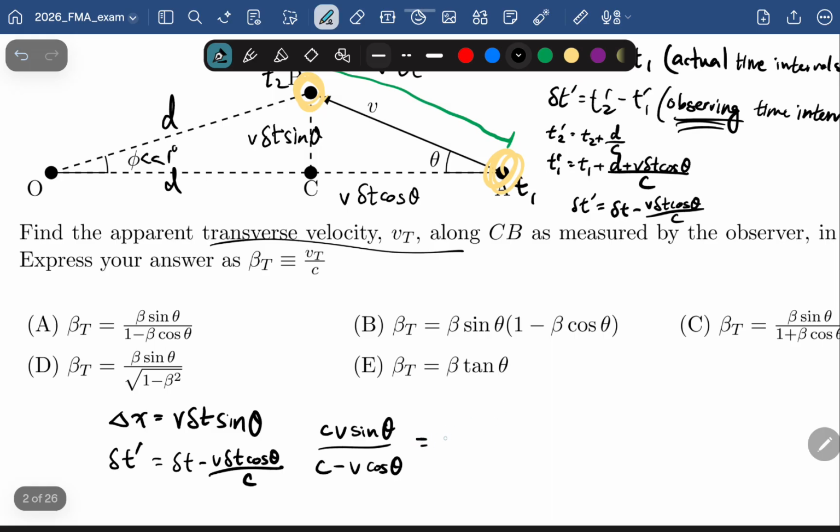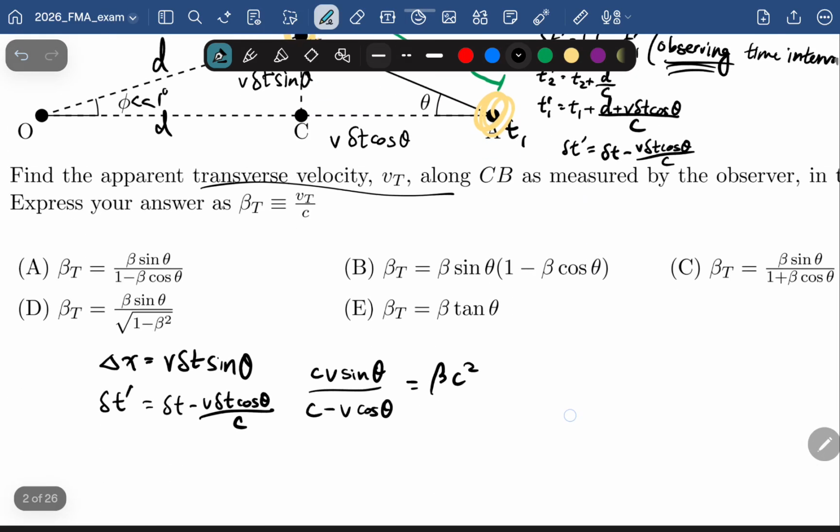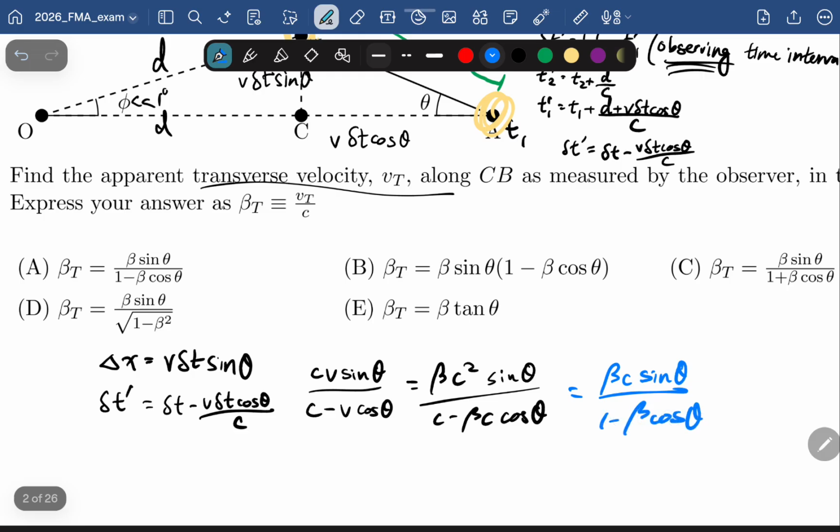This can be simplified further by using this substitution as highlighted. So we continue: beta c sine theta over 1 minus beta cosine theta.